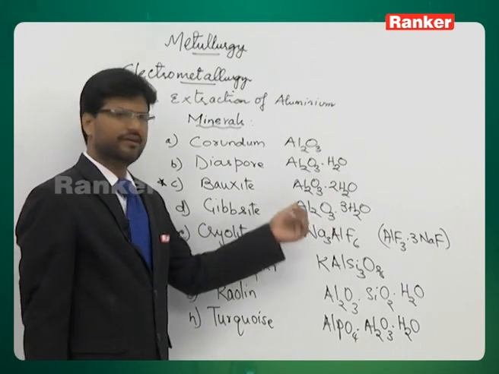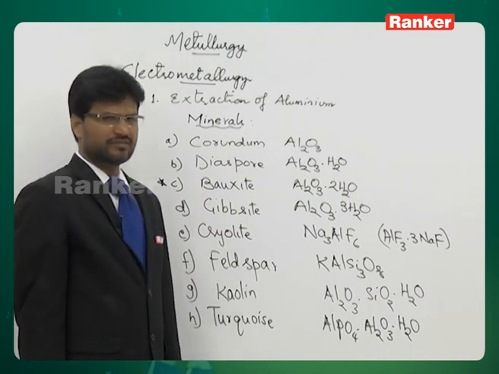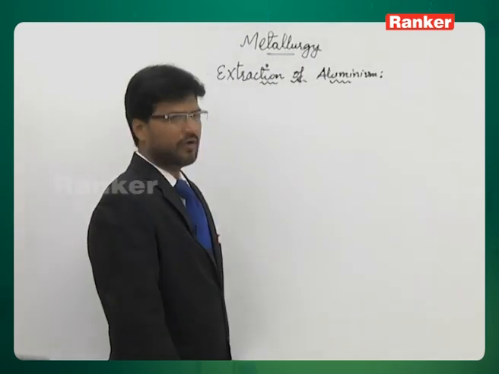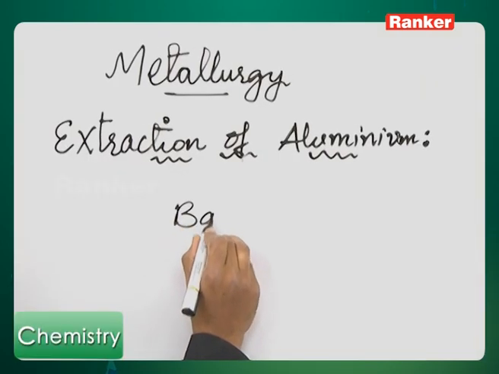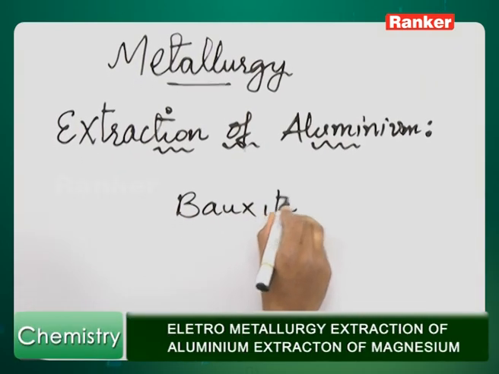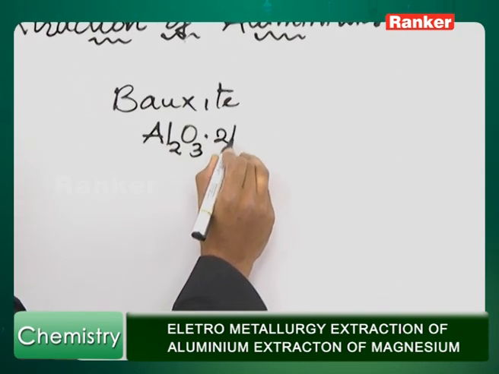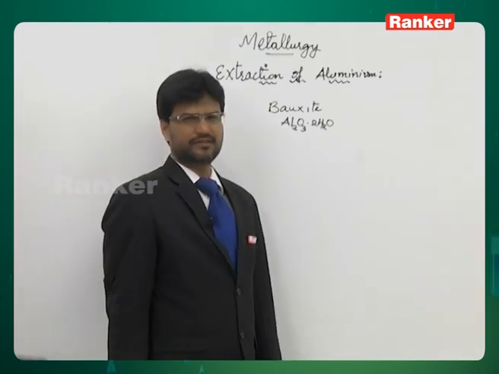Bauxite is a dihydrate of Al2O3. Let's now learn extraction of aluminium from bauxite ore. Bauxite ore consists of Al2O3 dot 2H2O. This is the chemical composition of bauxite. Apart from this, it is associated with impurities.